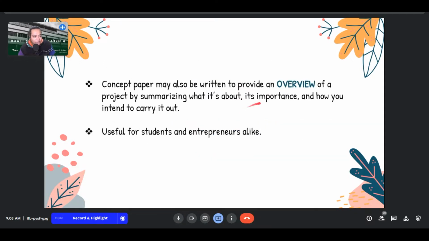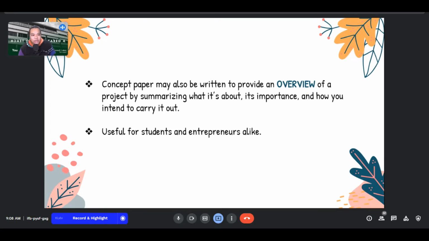The next descriptor is that a concept paper may also be written to provide an overview of the project by summarizing what it's about, its importance, and how you intend to carry it out. When we say it's an overview, it's like a trailer to a movie.